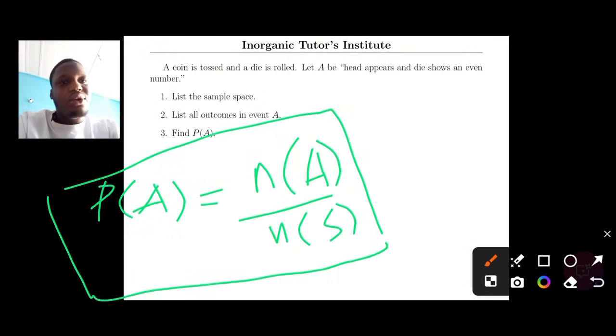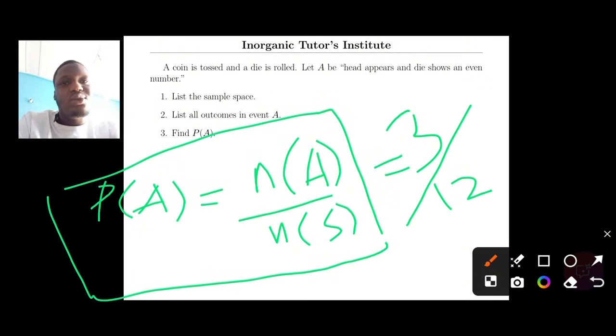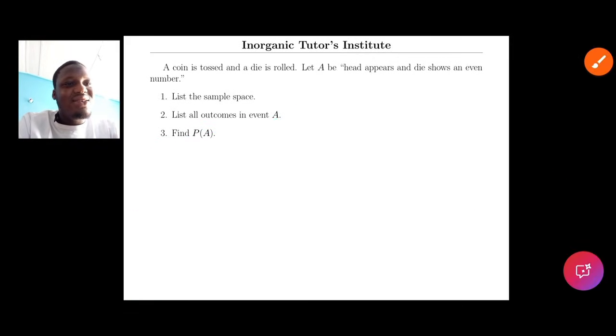Okay, so the number in A, we had 3: H2, H4, and H6. In the sample space, we had 2 times 6, which was 12. So the probability of A is 1/4. Okay, as simple as that. So keep practicing problems like this, and you'll surely be a probability master, or let me say sorcerer.